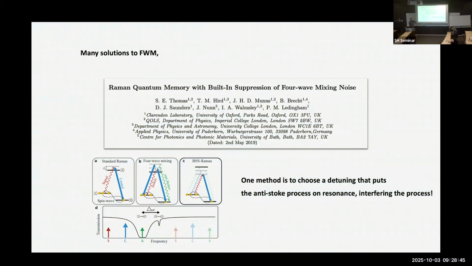When you do this, you interrupt the four-way mixing process in the middle of it. You prevent it from fully going through this system. In effect, this very dramatically reduces the four-way mixing noise. Normally you red detune your light, and this is a blue detuned system.